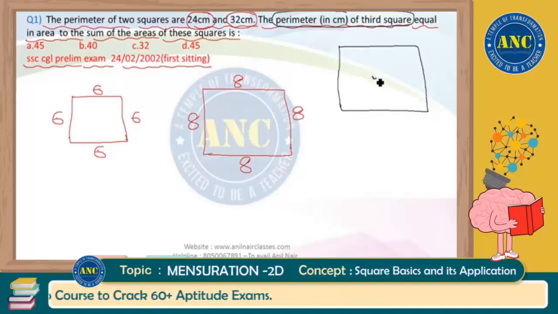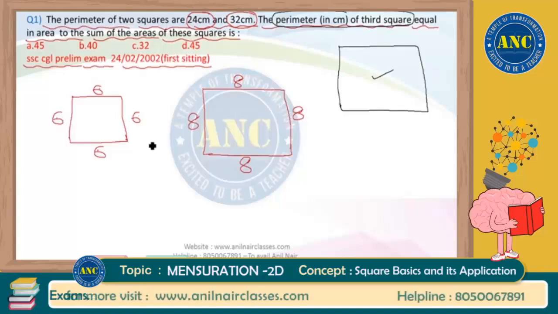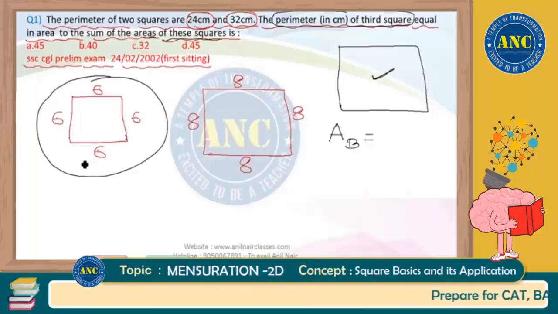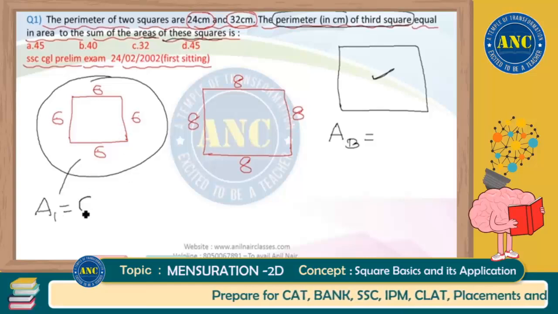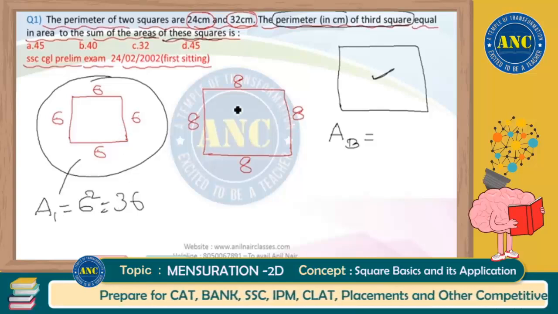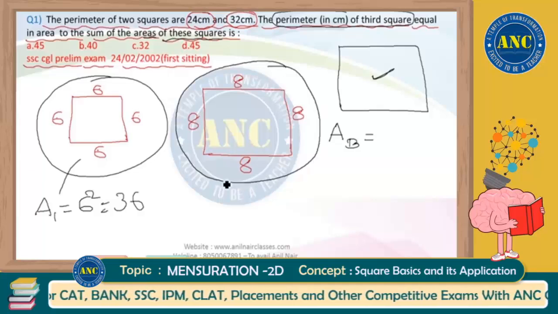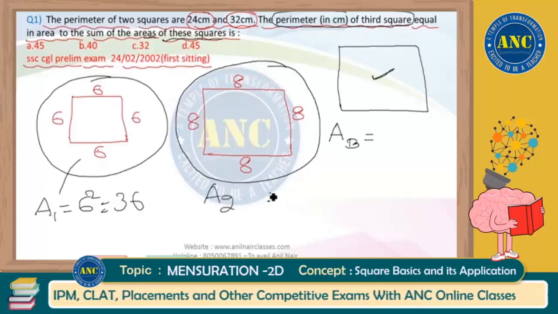I want to find the perimeter of this black square, which is equal in area to the sum of the areas of these two squares. Area of the first square, I'll call it A1, is 6 squared, 36. Let me call the area of the other square A2, and it is 8 squared, 64.